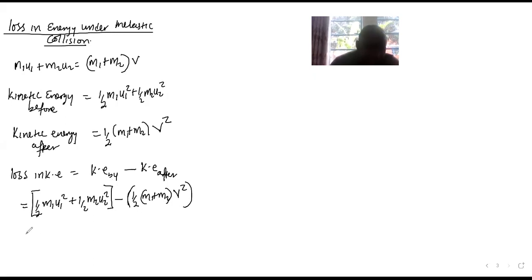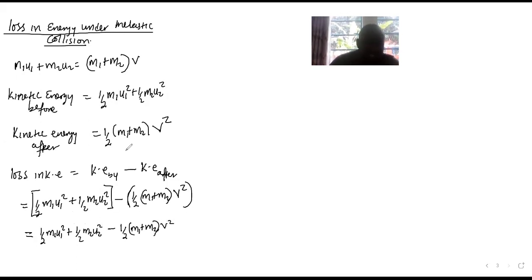Then we can simplify: half M1 U1 squared plus half M2 U2 squared minus half of M1 plus M2, but with a V squared.